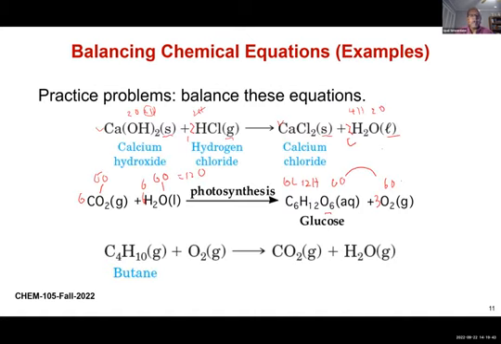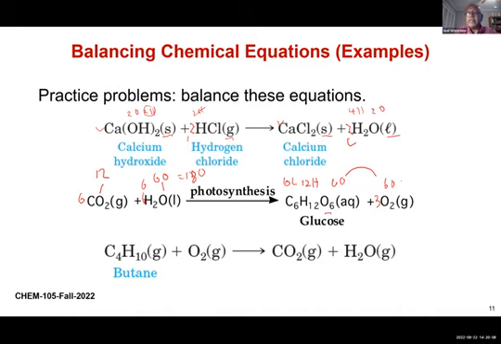I may have made a mistake. Okay, this is not correct. What is not correct? This is 12 oxygens. Therefore, 18 oxygens.